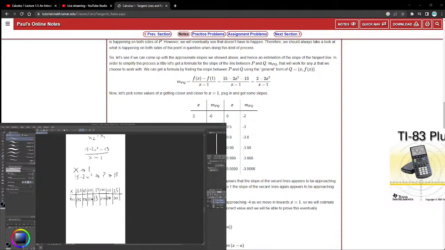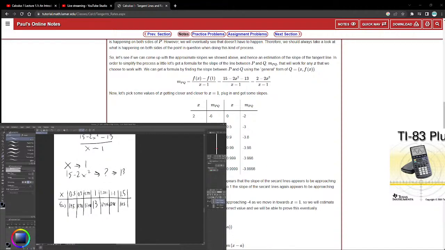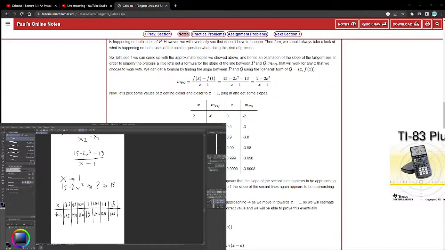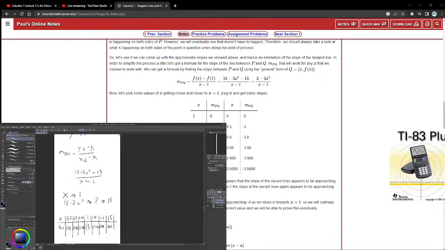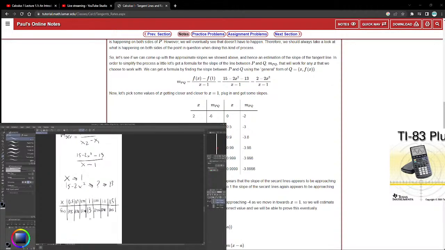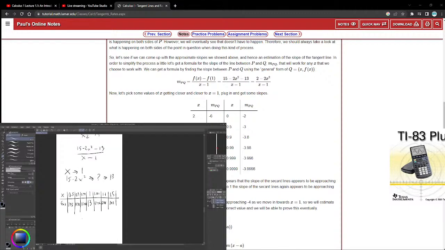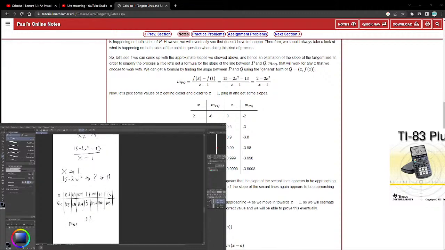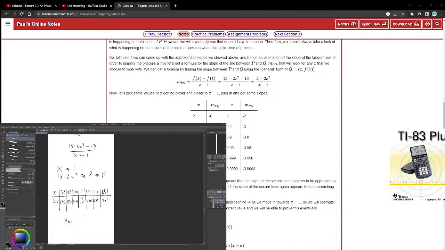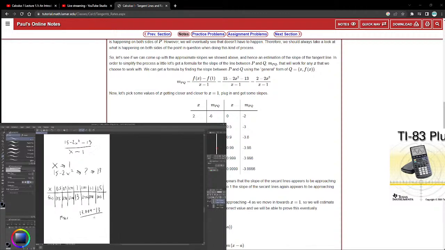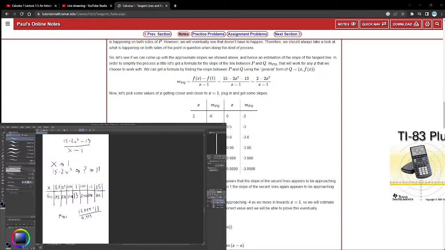So alright, let's say that I want to use x equals 0.999. To find the secant slope, I'd plug in 13.004 minus 13, over 0.999 minus 1.